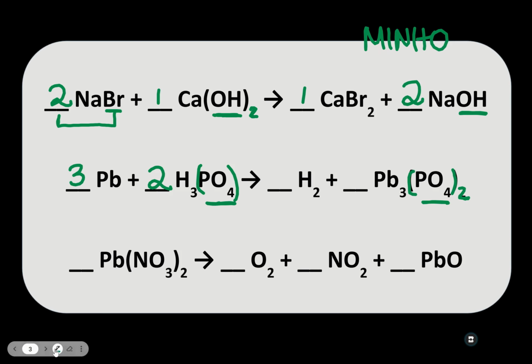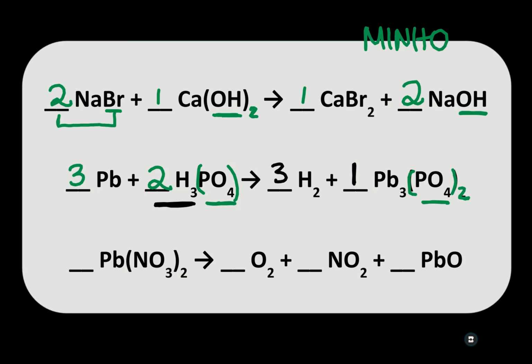Make it a different color. Because 2 times 3 is 6. On the product side, I only have 2. So I want to put a 3 in the front to balance that. I still have 3 leads and my 2 PO4, so now this one is a 1. That's my final coefficients for this reaction.